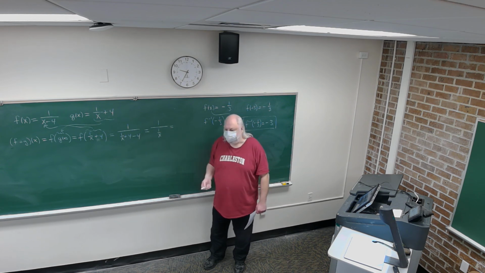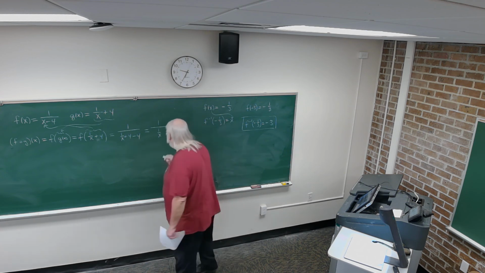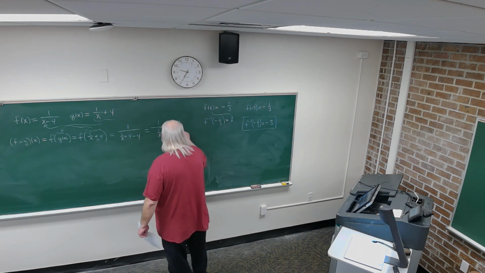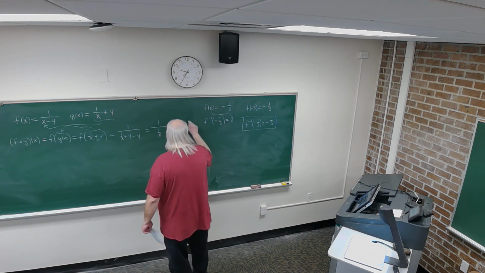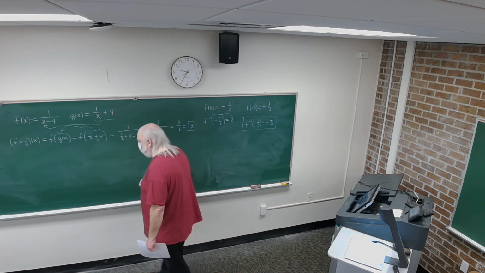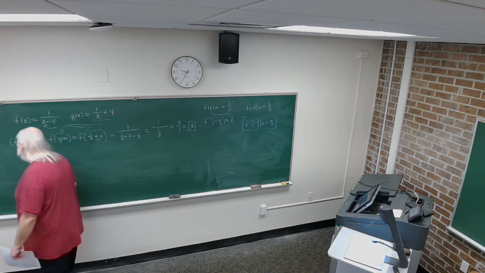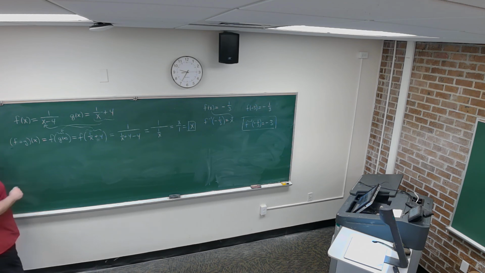Dividing 1 by a fraction, you're just taking the reciprocal of the fraction. So this is equal to x over 1, which is equal to x. So the composite of f with g is equal to x. So we're half done in showing that f of x and g of x are inverse functions of each other.